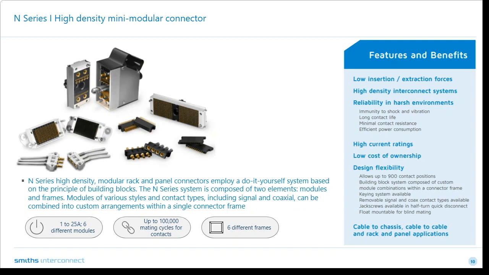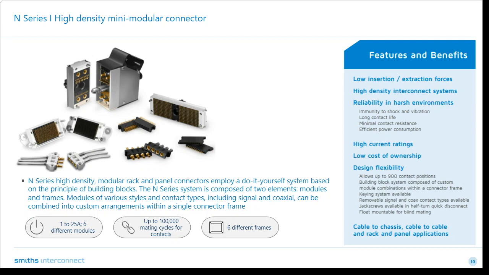Right. The next one is the N series, in some parts of the world also known as the H series. It's a high-density mini-modular connector. Now, I'm going to speed up a little bit on this slide because the philosophy here is exactly the same as that of the L series, only this can pack in a lot more modules, and as you can just about see on the picture on the slide, how dense it can get.